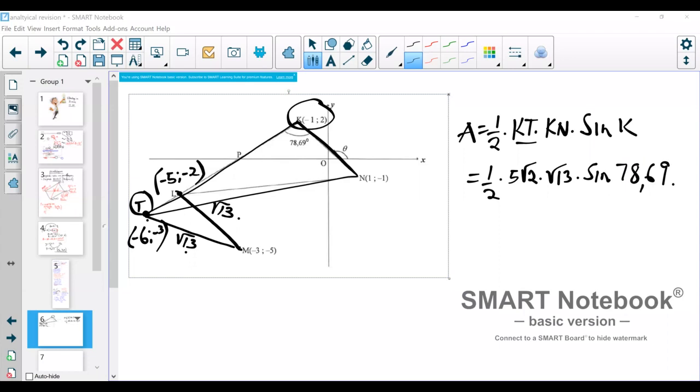So let's have our answer. You have 1/2 times 5 root 2. I hope we get the same answer. We should. Times square root of 13 times sine 78,69. Oof. 12,499.